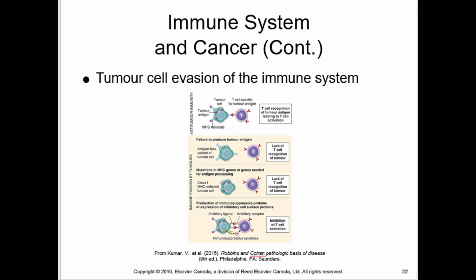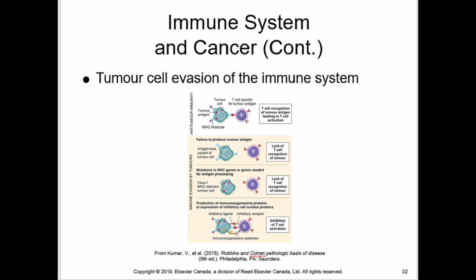If you're looking at the figure on this screen, what we can see is that normally the immune system has a recognition of tumor antigens and T cells can be activated. However, there are cases where you have a failure to produce the tumor antigen.